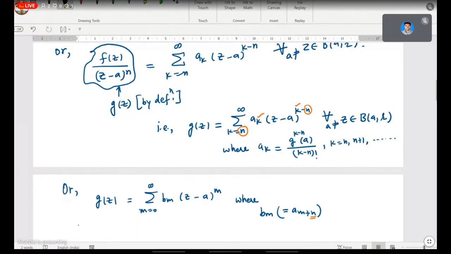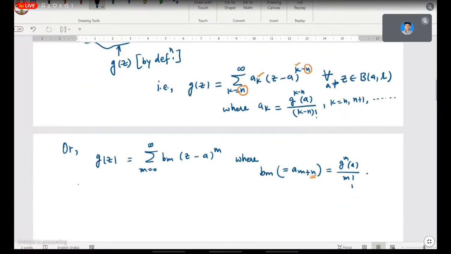So b_m is equal to the mth derivative of a divided by m factorial, where m changes from 0 to infinity.